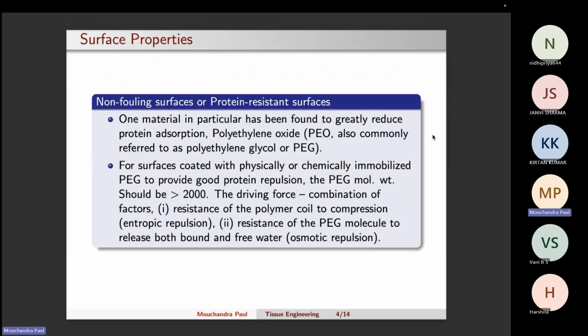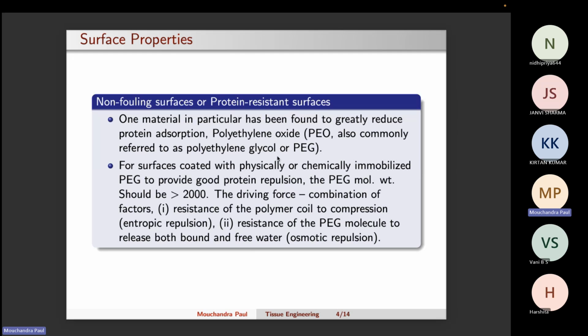So one way of making any surface non-fouling is to coat it with a material called polyethylene glycol, also known as polyethylene oxide. Because if you see the structure of this particular polymer, you will see a lot of alcohol groups, OH groups. So these are water-loving groups. If you coat it, then the surface will become hydrophilic.